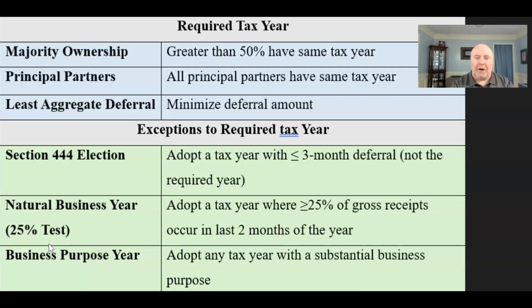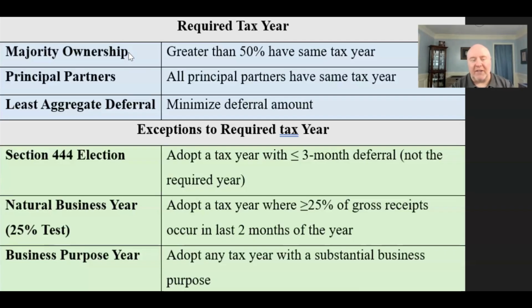So if we only had two partners and partner A has a calendar year tax year and they own 51% of our partnership, and then partner B has a June 30th tax year, but they only own 49%, well, we do have a majority ownership. We have partner A who owns 51% of our partnership. Because of that, we're going to adopt the calendar year tax year that partner A has.